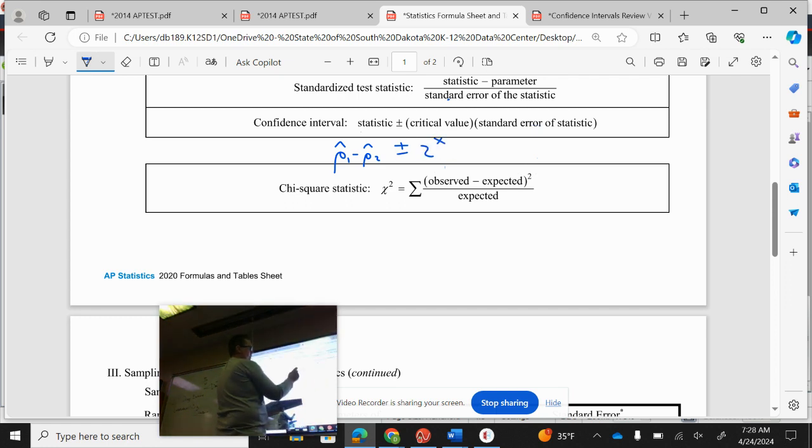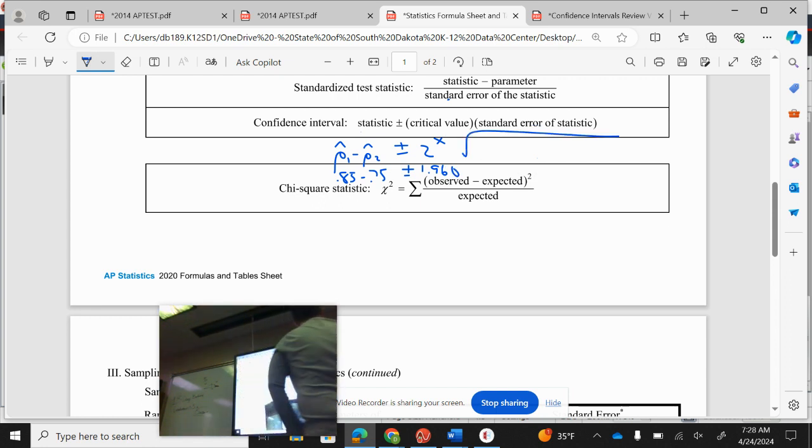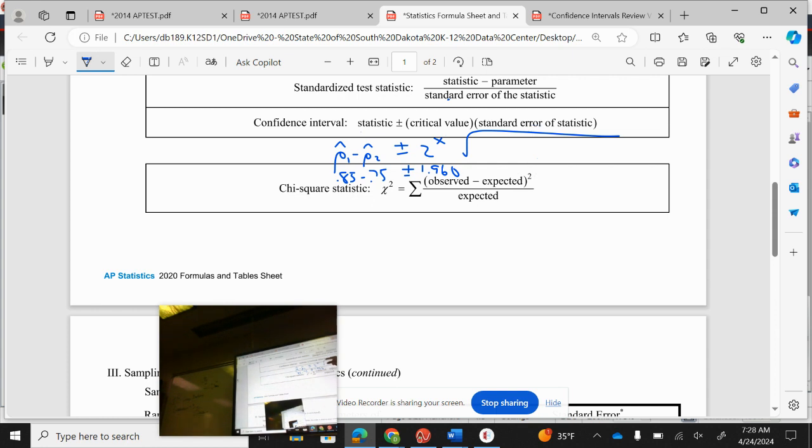So if we're filling this in, we had 85% minus 75% plus or minus 1.960. The standard error of the statistic is p hat 1 times q hat 1 over n1 plus p hat 2 times q hat 2 over n2. Remember, the q's are 1 minus p's.